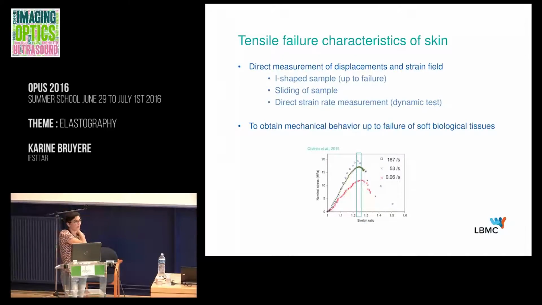Specific issues to keep in mind with tensile tests are that we have little information in the width of the samples, and that for dynamic tests, the synchronization between the two cameras and between the DIC and the conventional measurement is very important.